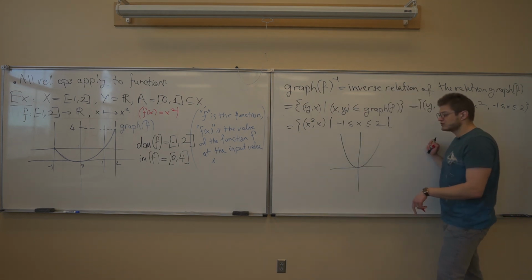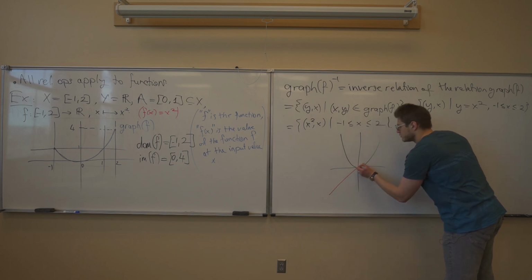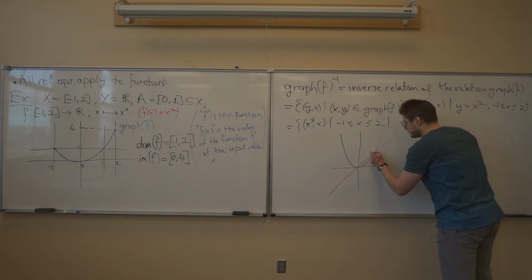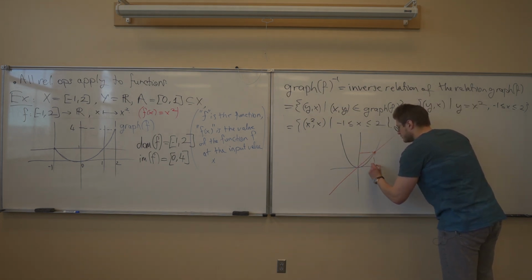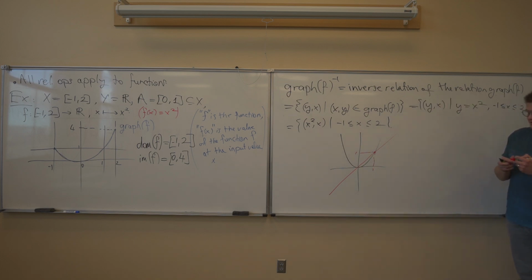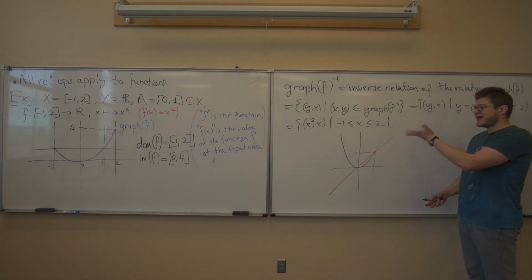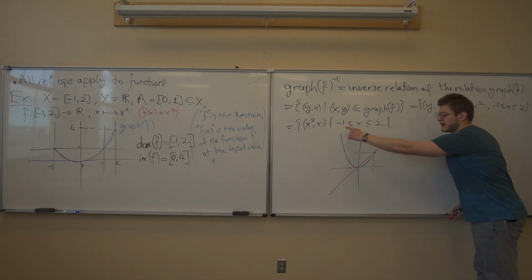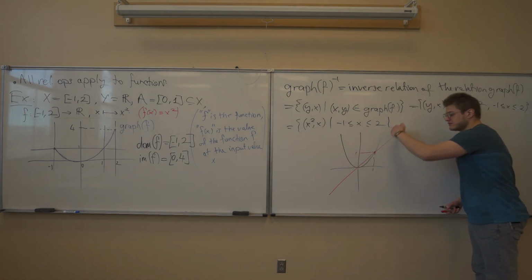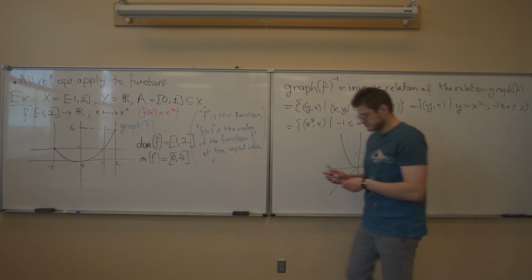It passes through 1, 1, of course. I'm going to restrict it later, but right now I'm just sketching. For the inverse, all I need to do is flip x and y coordinates. That means I need to take this shape and reflect it along y equals x, geometrically speaking.